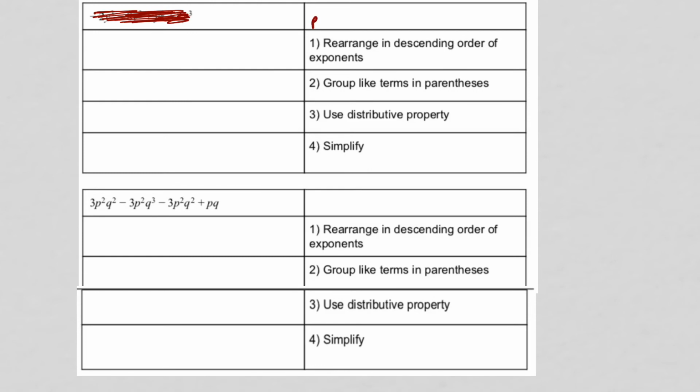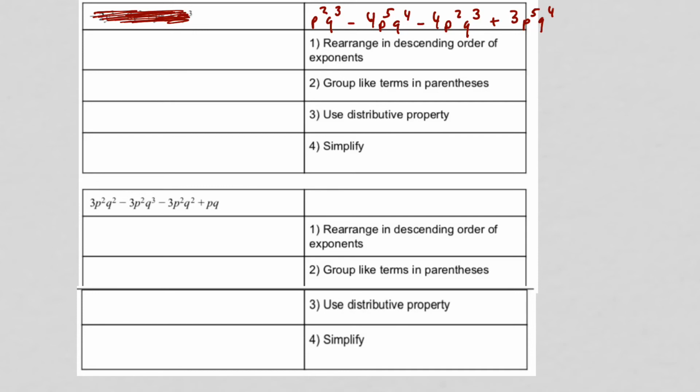It is p squared q to the third minus 4 p to the fifth q to the fourth. And don't let all the p's, q's, and exponent powers freak you out. You are just adding and subtracting like terms. So there's the example.